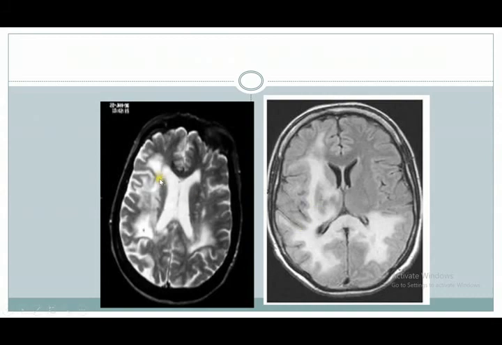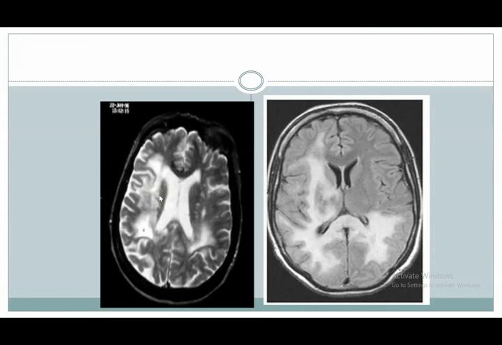Here, as you see, subcortical white matter disease on this T2 image, and this is a T1 image with black CSF, white CSF. This white matter, gray matter, white matter, you see these hyperintensities involving bilaterally. Here also white matter is affected because of the JC virus infection of oligodendrocytes causing demyelination.